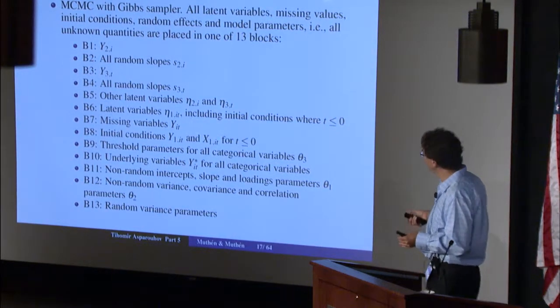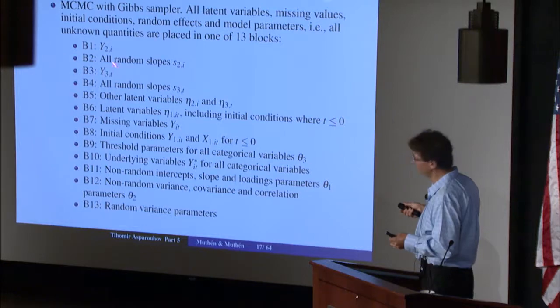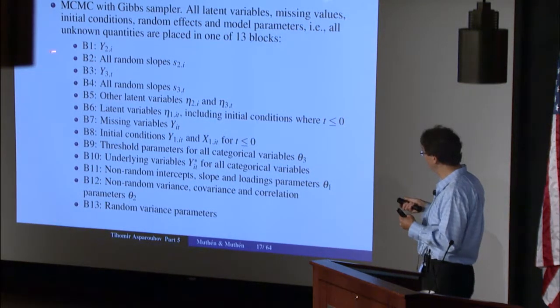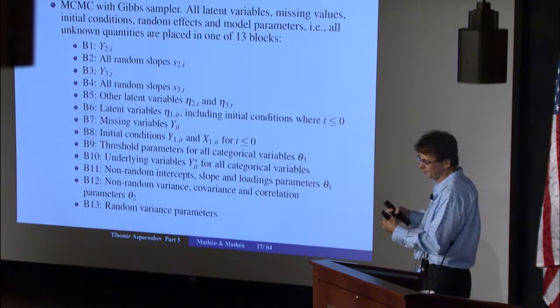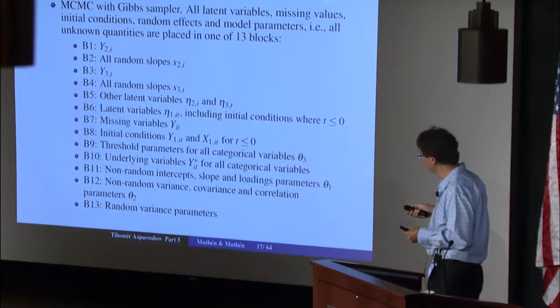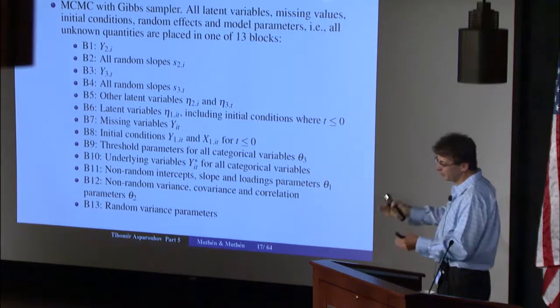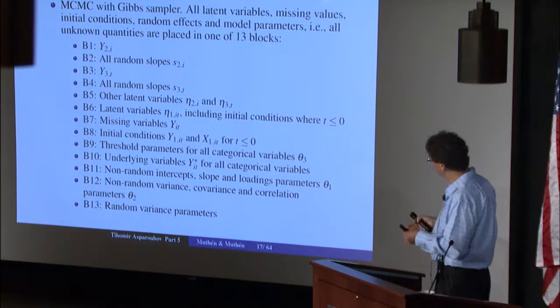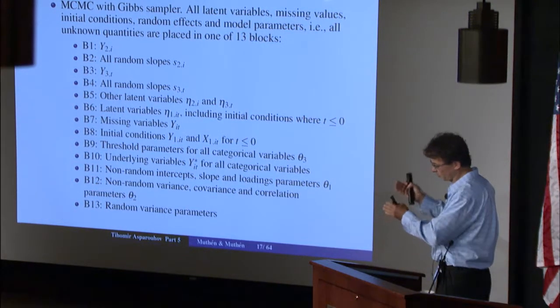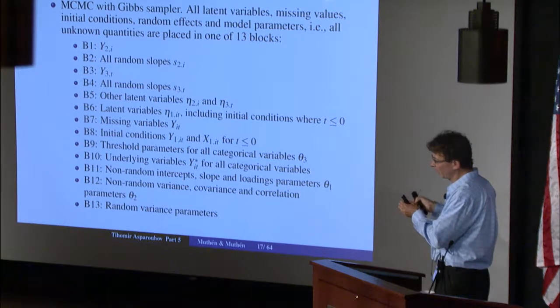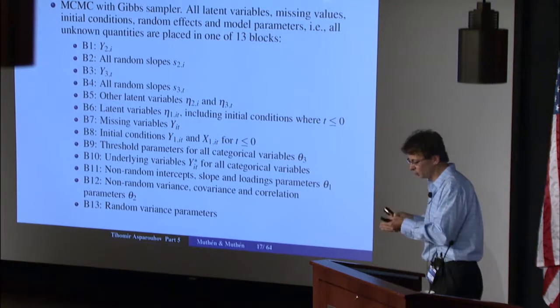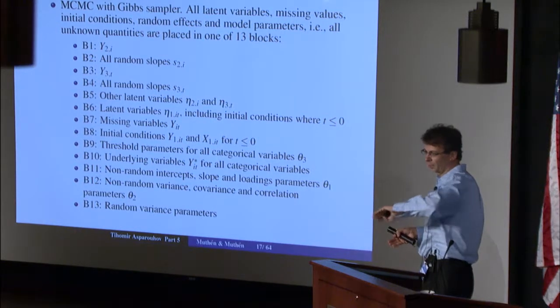When we update this, we don't update the whole block as a whole, but rather these time-specific blocks. So Y3T would be updated sequentially as time increases. For example, we first update the quantity at time equals 1, conditional on all the other times.